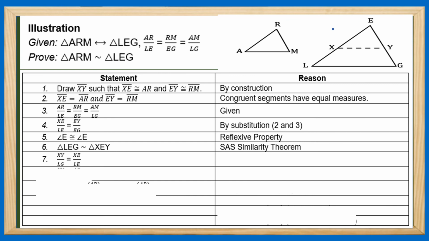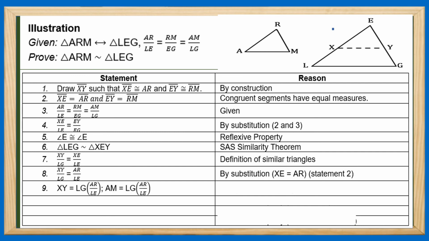To continue, we arrive at the proportion XY to LG is equal to XE to LE, through the definition of similar triangles. Then XY to LG is equal to AR to LE, by substitution, since XE is equal to AR using statement 2. Then XY is equal to LG times AR to LE.